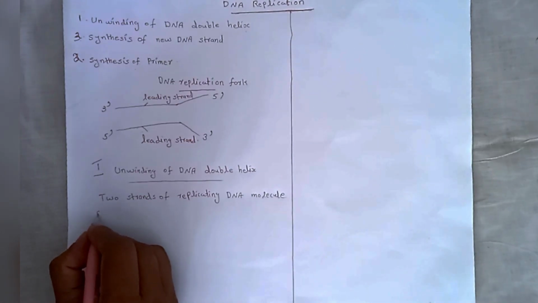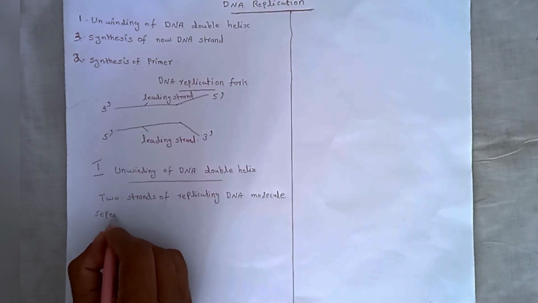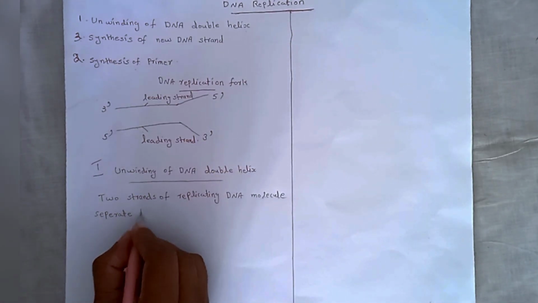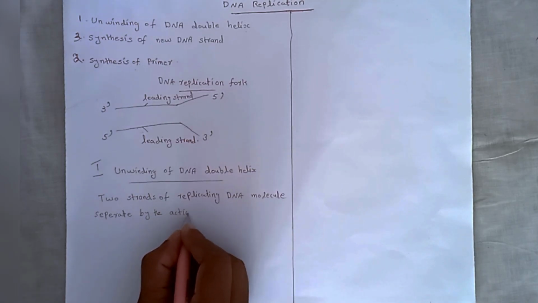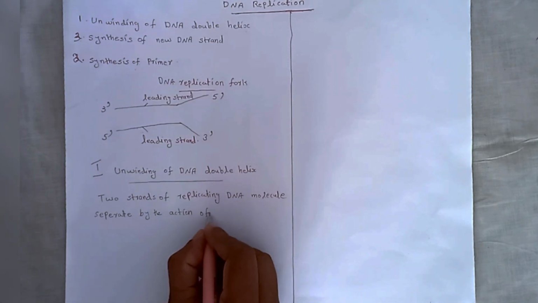The two strands of the replicating DNA molecule separate by the action of the enzyme helicase.